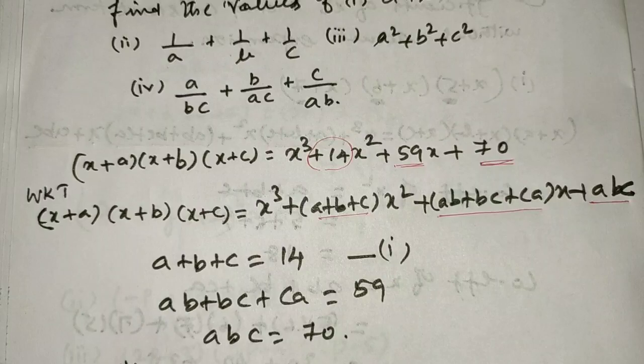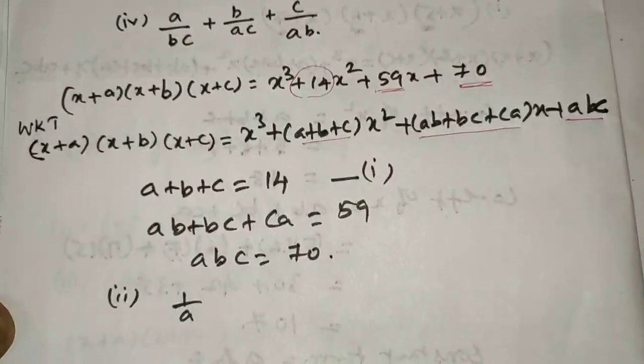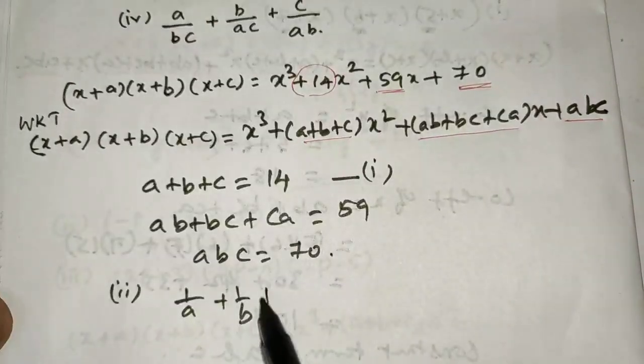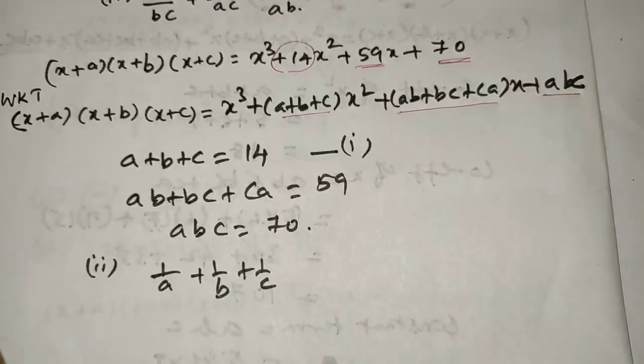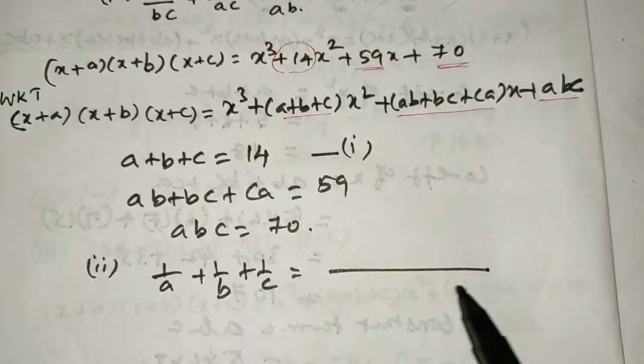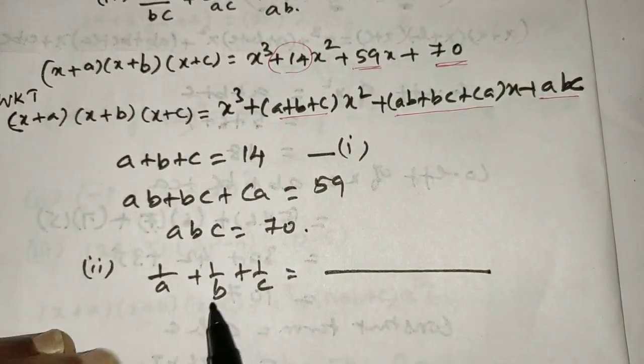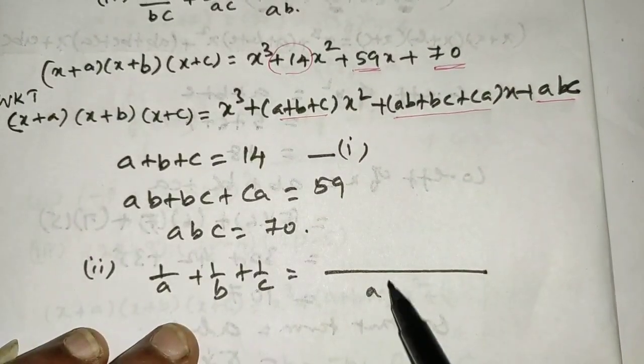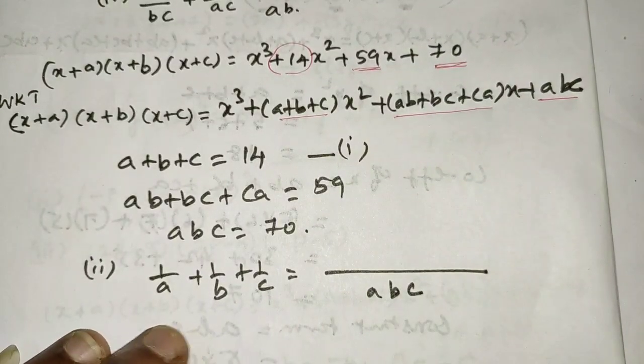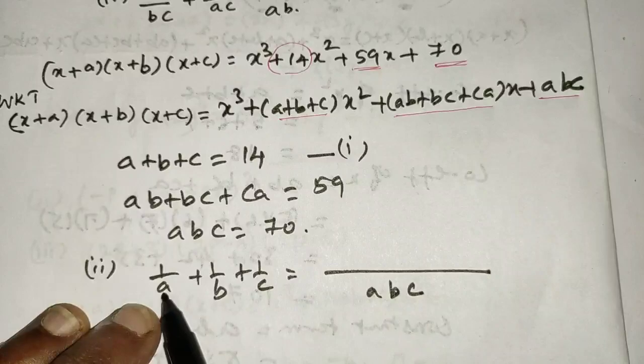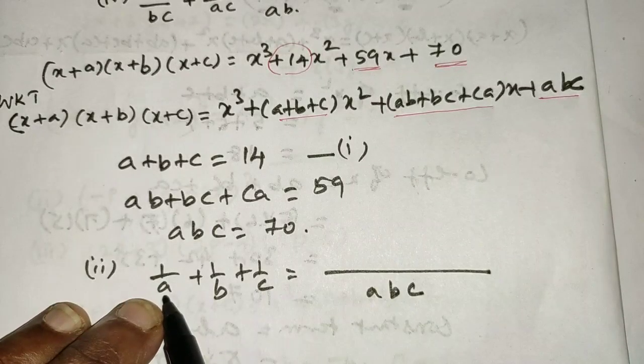In the second one, we have 1/a + 1/b + 1/c. If you take the LCM of the denominators a, b, c, you can write this over abc. In the place of the first term, we have a.